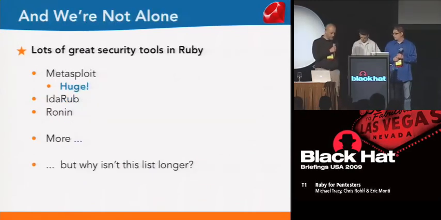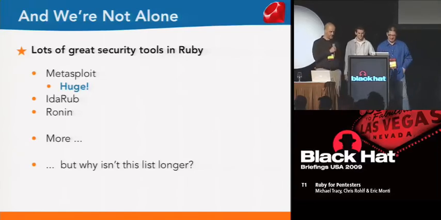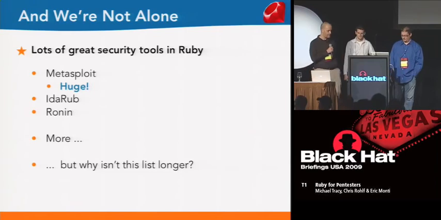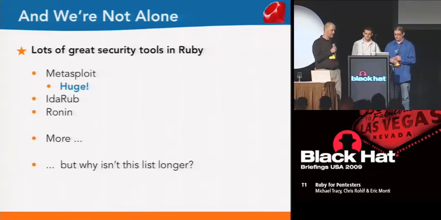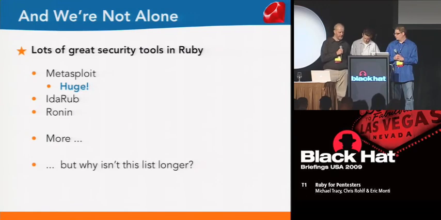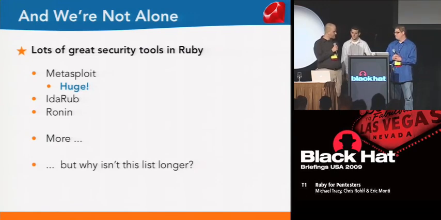We're not alone in using and loving Ruby. There's a whole track devoted to Metasploit this year. And Metasploit, I think I heard at some point, I don't know if this is still true, is the largest Ruby application ever. Some other notable security tools that have been out and are in various states of use and repair are IdaRub, and I wanted to mention Ronin because it's an interesting developing project by somebody who goes by Postmodern.